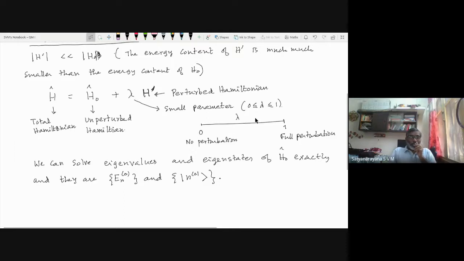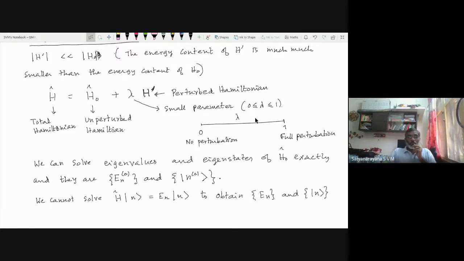And we cannot solve the equation H|n> = E_n|n> to obtain the eigenvalues and eigenfunctions of the total Hamiltonian, that is E_n and the set of kets |n>.